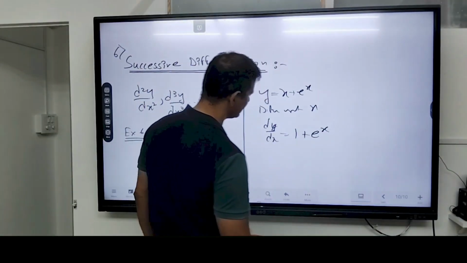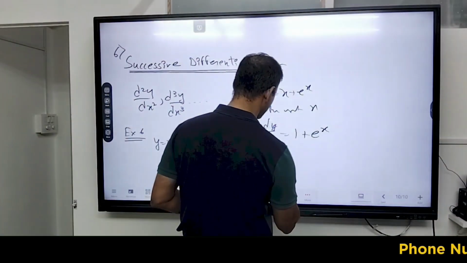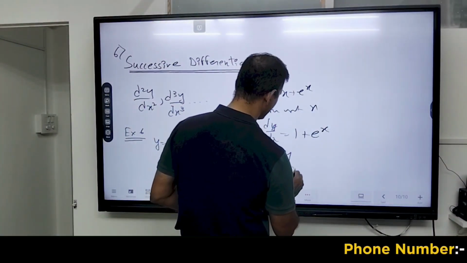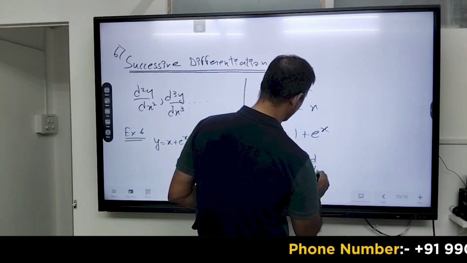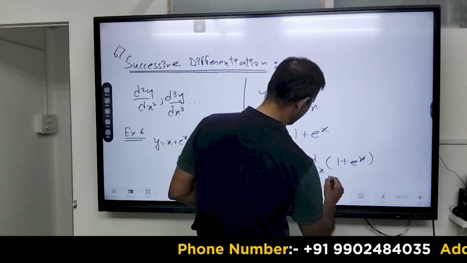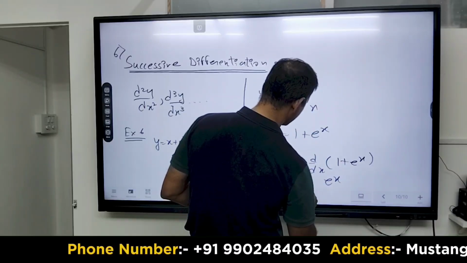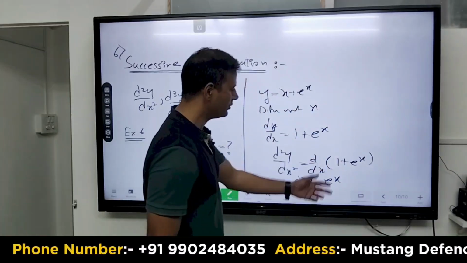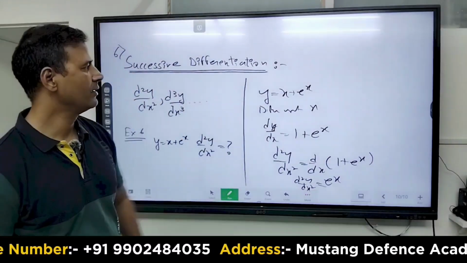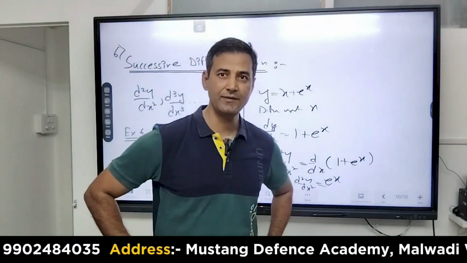The differential of e raised to x is e raised to x. d2y by dx2 will be equal to d upon dx of 1 plus e raised to x, which would be nothing but e raised to x. So d2y by dx2 would be equal to e raised to x. Okay, so this is successive differentiation.